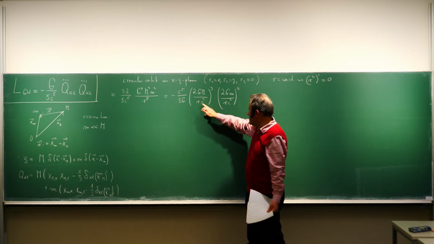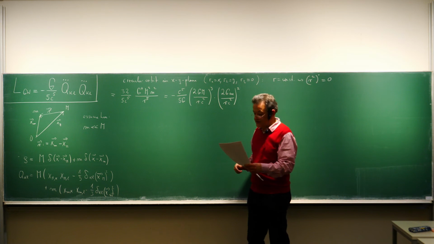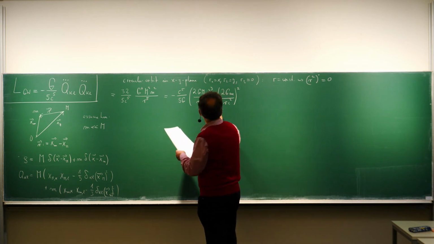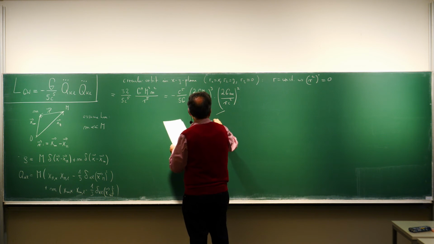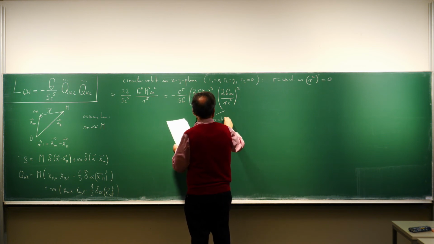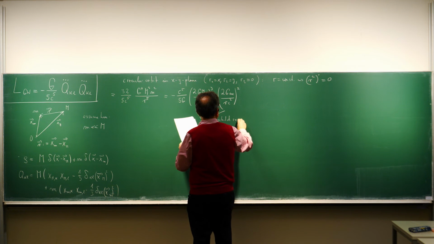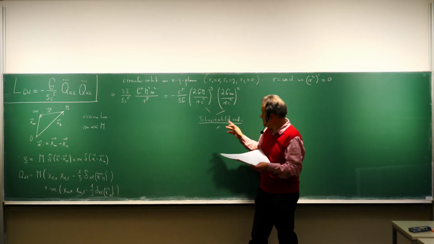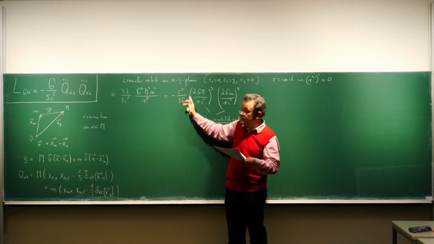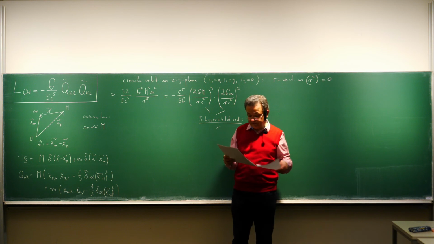So 2GM over c squared. So this here is something like the Schwarzschild radii of the two masses over r, and this is a dimensionless quantity, so the dimension is in this prefactor.